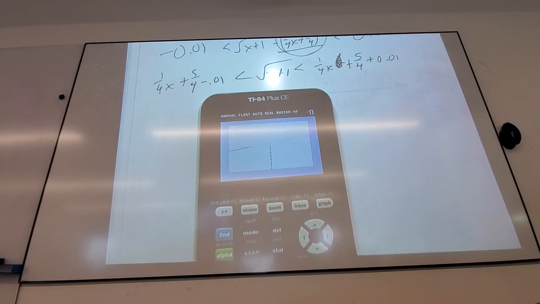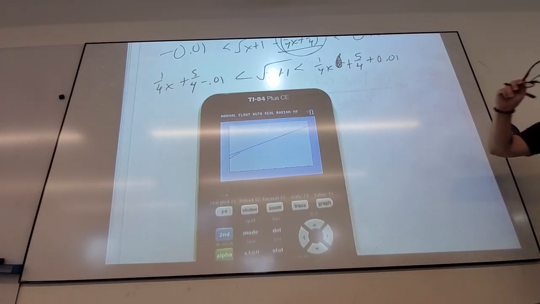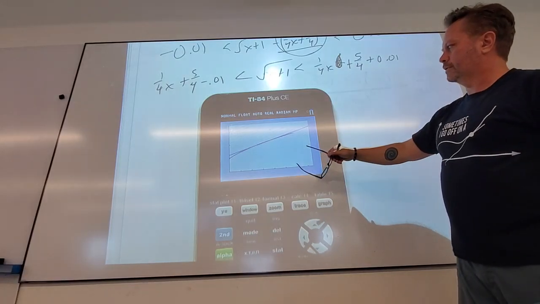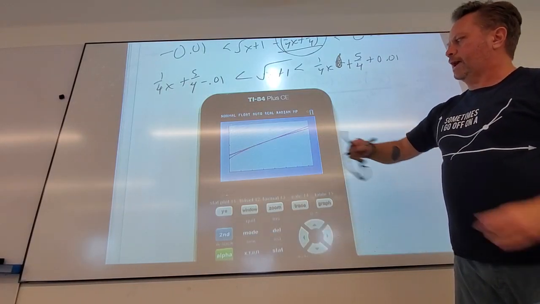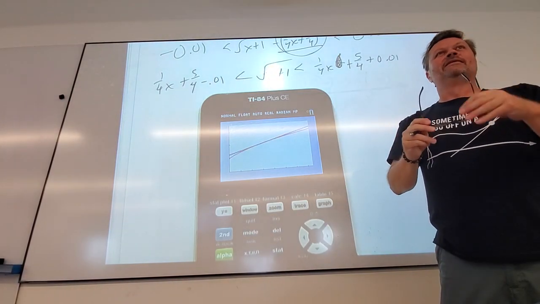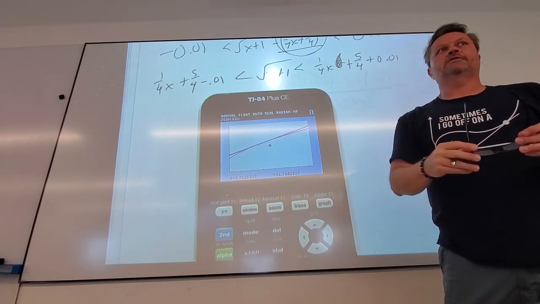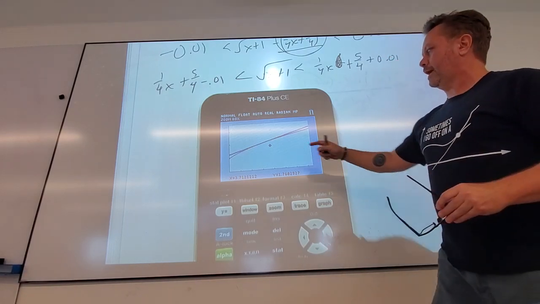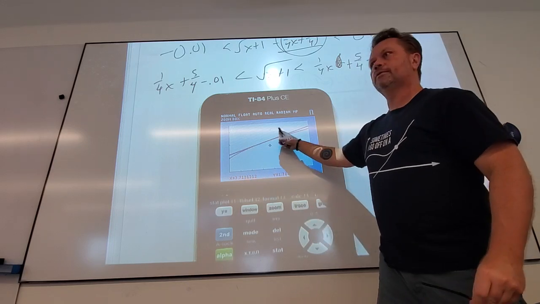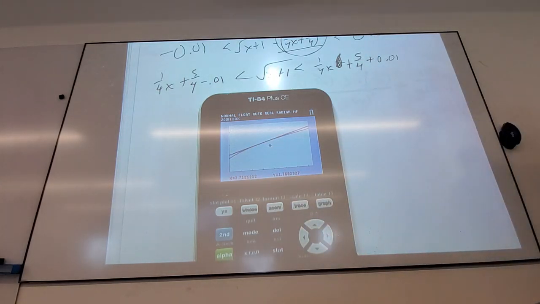Now if I hit enter, there's the floor, there's the function, and there's the ceiling. Now, you could see it a little better this time, but still. So I do zoom box again. Where everything is happening is right in here, yes? Okay, why'd you do this, Jeff? We'll be okay. Zoom box.